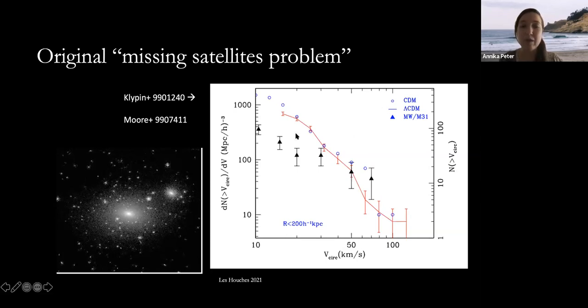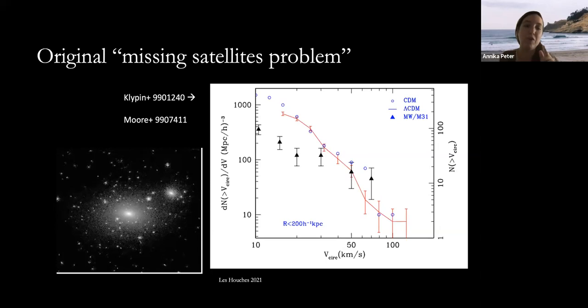So this is another representation of that from Anatoly Klypin's paper. These papers came out at similar times and basically made the same observation. In this case, Klypin quantifies the number of halos in terms of the peak of the circular velocity function in each halo.